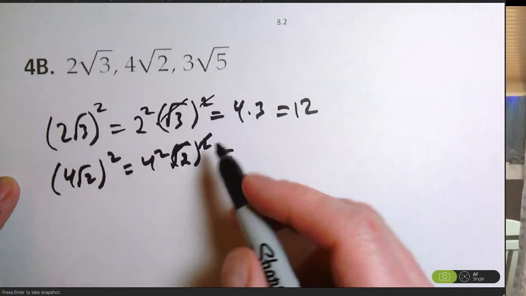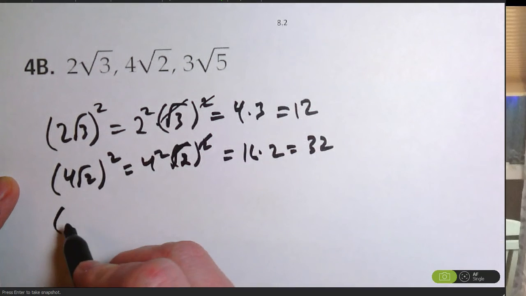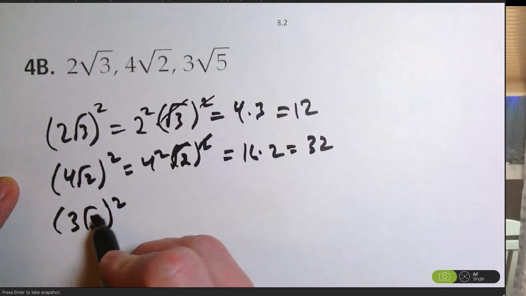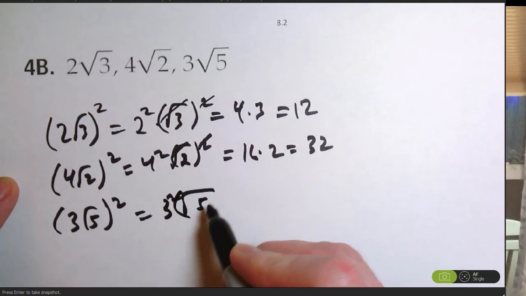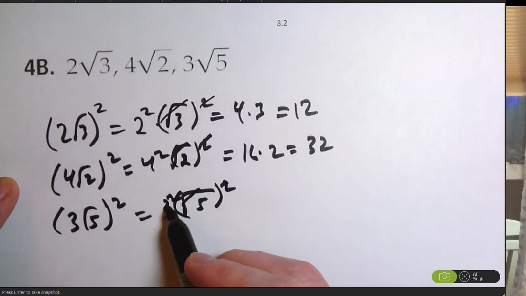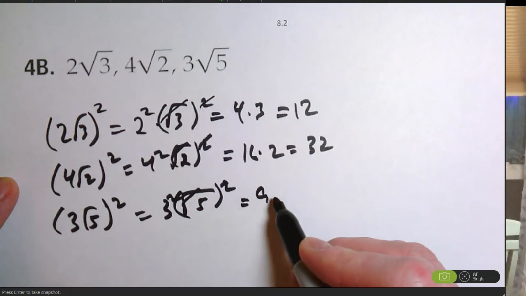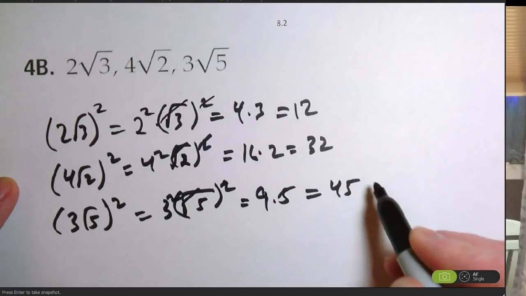Again, cancels that off. 4 squared is 16. 16 times 2 is 32. And then I have 3 root 5 that I'm squaring. Well, 3 squared is 3 squared, and root 5 squared is root 5 squared. That cancels off the radical. 3 squared is 9. Root 5 squared is 5. 9 times 5 is 45.